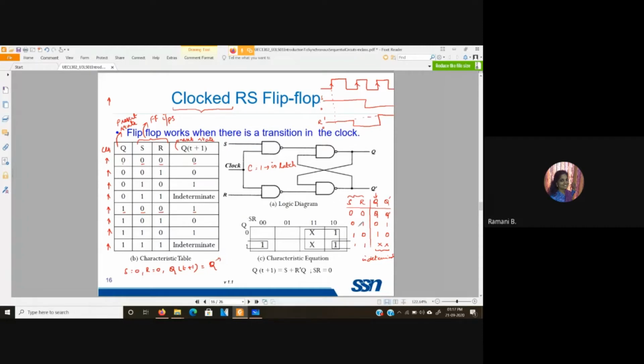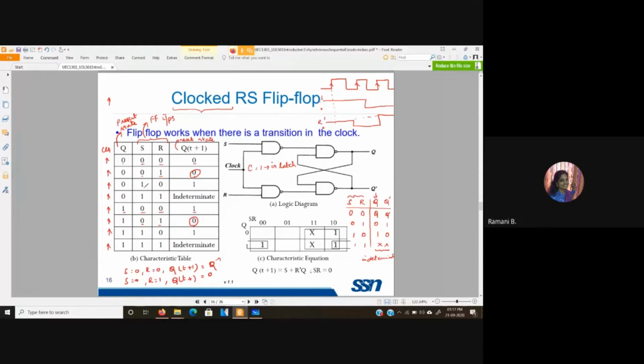The next one we know is for S equal to 0 and R equal to 1. We know that this is a reset condition. So irrespective of my Q value, for S equal to 0 and R equal to 1, the output is 0. You need not bother about what you have for Q at that time. So at that time, Q of t plus 1 value will be 0.